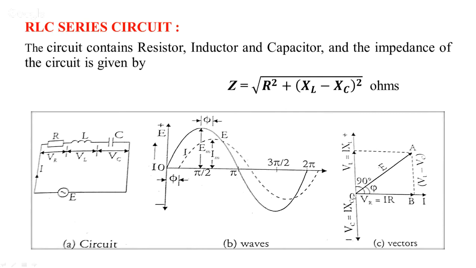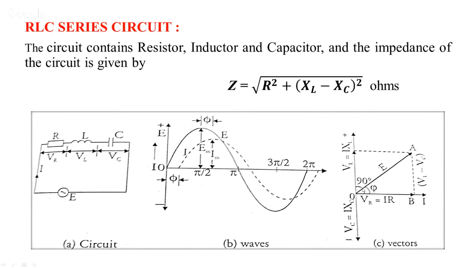So again we are going to combine all the three vectors that we have studied. Here you can see the voltage and the current are in phase with each other. So this will be of the pure resistive circuit.